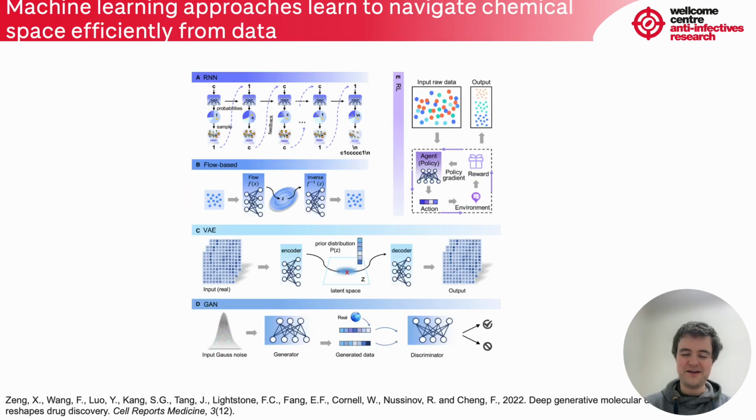So I don't think any foundations course in generative design would be complete now without some description of machine learning. In machine learning, we try to learn different ways to navigate chemical space efficiently, really trying to use the data that we have generated, either in our projects or from the public domain.